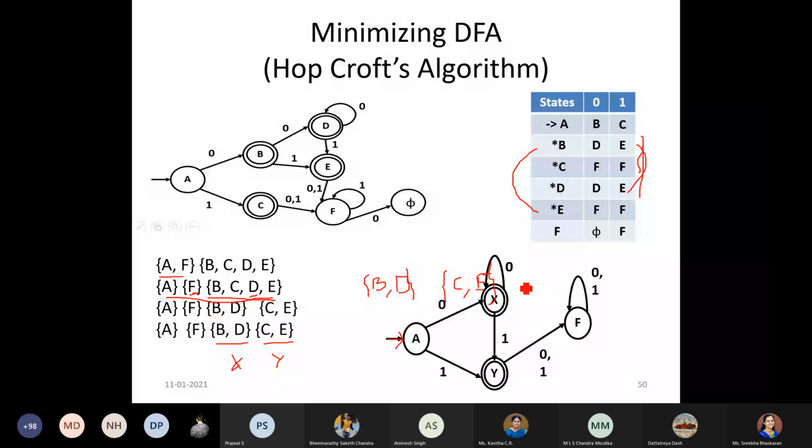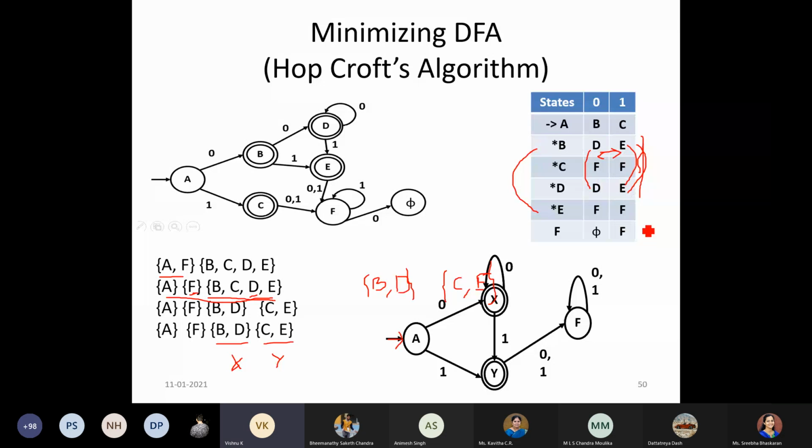Ma'am, B and D should be split, no, ma'am, because D and E are in different groups. No. When we are comparing, we don't compare like this. We are comparing D, D, E, E. According to the zero transition, the states whichever you are having, whether it is in the same group or not.